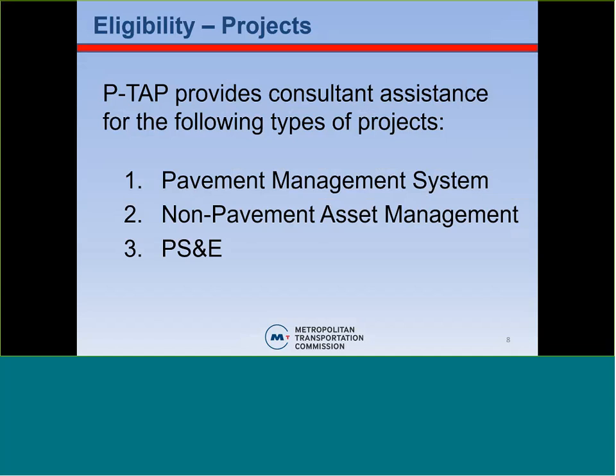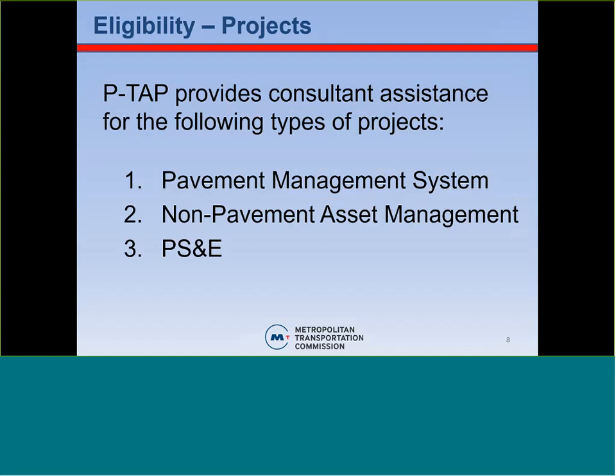So PTAP provides assistance with 3 types of projects: pavement management system projects, non-pavement asset management, and design projects. Most of the funding goes to PMP projects, PMS projects. Non-pavement asset management projects are projects that we're doing more because of all of the mandates by the federal government and our desire as a region to really have a handle on all of our capital assets.